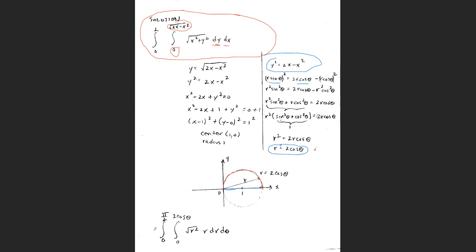I rewrite the equation in terms of r and theta, add the r squared cosine squared theta over to the left side, and factor out an r squared. Sine squared plus cosine squared theta equals 1. So r squared equals 2r cosine theta, and so r equals 2 cosine theta. That's going to be an equation for the semicircle.